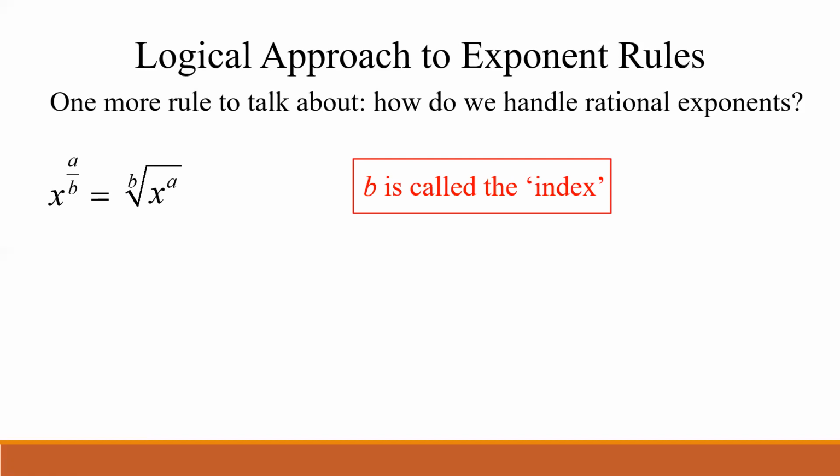And then the numerator of your fraction still remains as the power, okay? There's actually two ways you can write this. You can write it like this, or you can write it with still that index in there and then the a kind of outside the whole thing. Depending on what you're doing, one way might be easier than the other to simplify it at the end. But both of those are correct. We're just simplifying, going from a rational exponent to a radical.